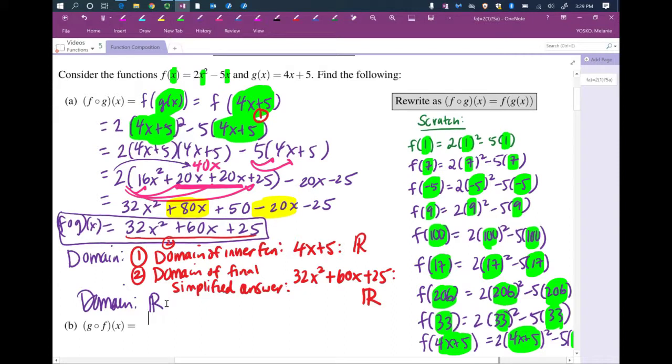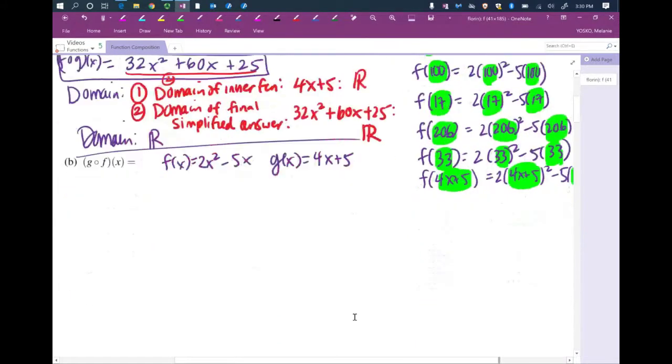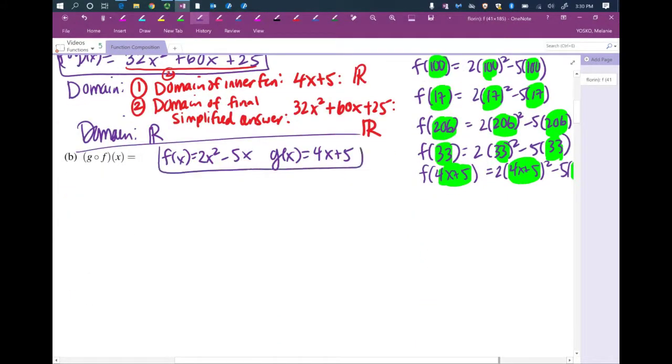Now, when we do this one, we're going to do the same process, but we're going to start off with the functions in the other order. So let me just remind you, f of x was 2x squared minus 5x, and g of x is 4x plus 5. That way I can scroll down. Okay, so I want g composed with f of x. I always read it as g composed with f, and the input is x.